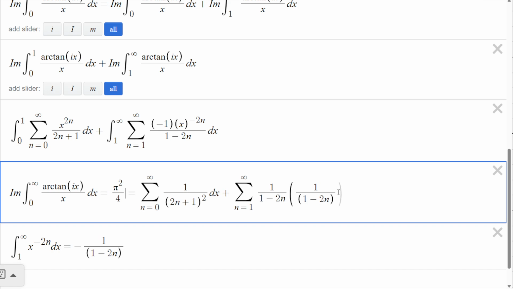Well, notice we don't have our indexes starting at the same place. Okay? So what we can do is let's subtract 1 from our n, and we will add 1 to our n. So we get n plus 1. Now let's distribute that. That's going to give us 2n minus 2, right?